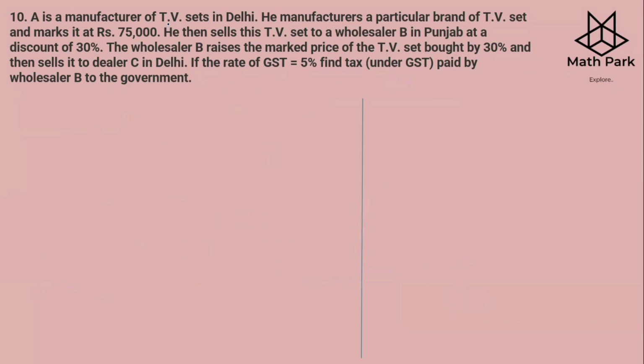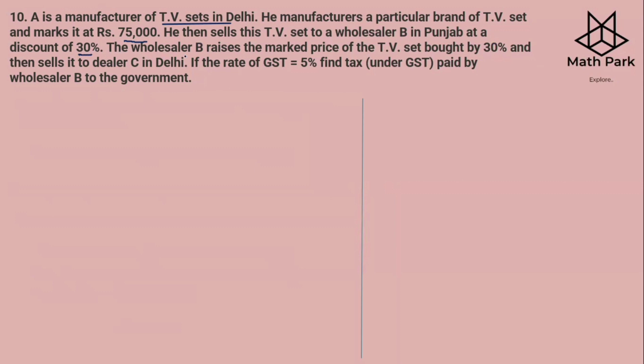Number 10. A manufacturer of television sets in Delhi manufactures a particular brand of unit of TV set and marks it as 75,000. He then sells this TV set to the wholesaler B in Punjab, from Delhi to Punjab, at a discount of 30%.